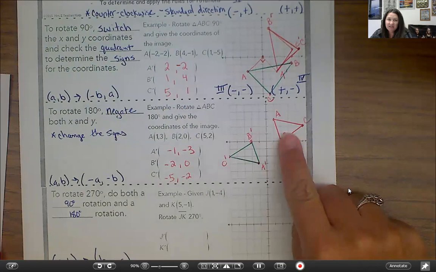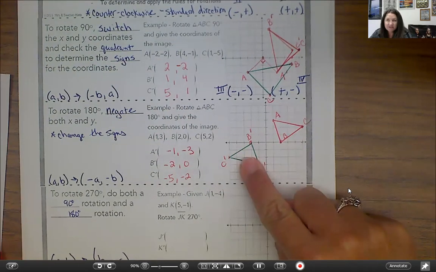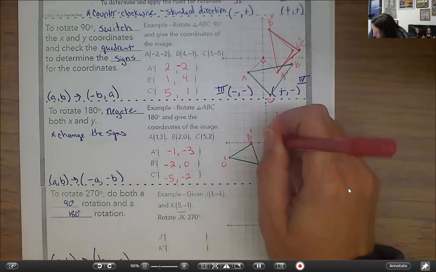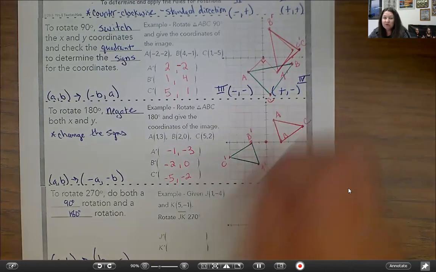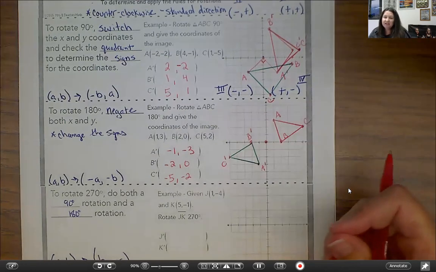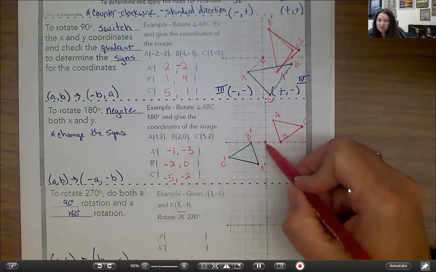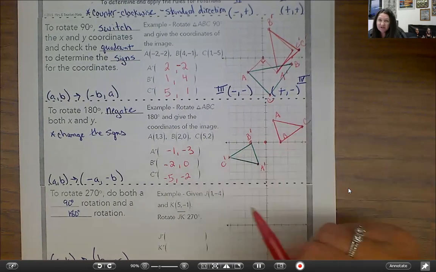So if we start here with our triangle in red, it has moved 2 quadrants, or 180 degrees. You should also recognize that 180 degrees is a straight line. So if we were to connect corresponding vertices, they should line up in a straight line with the origin, or the center of your graph.